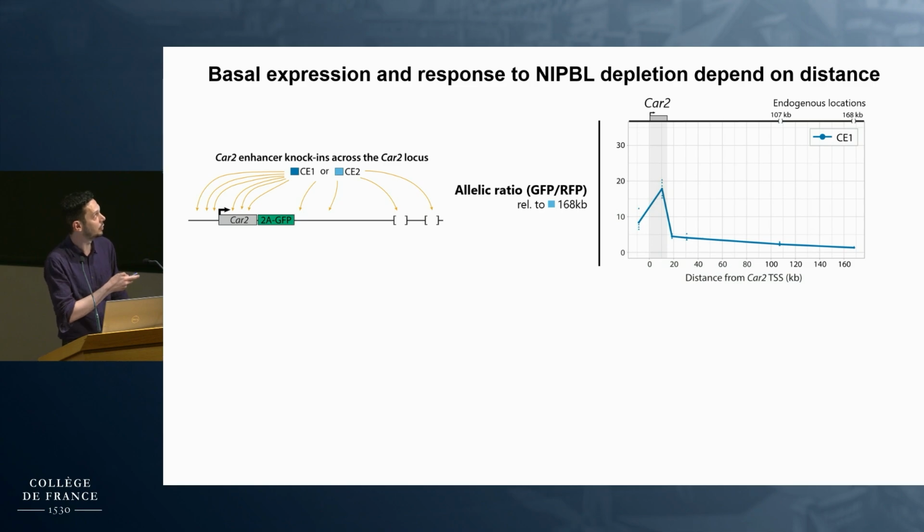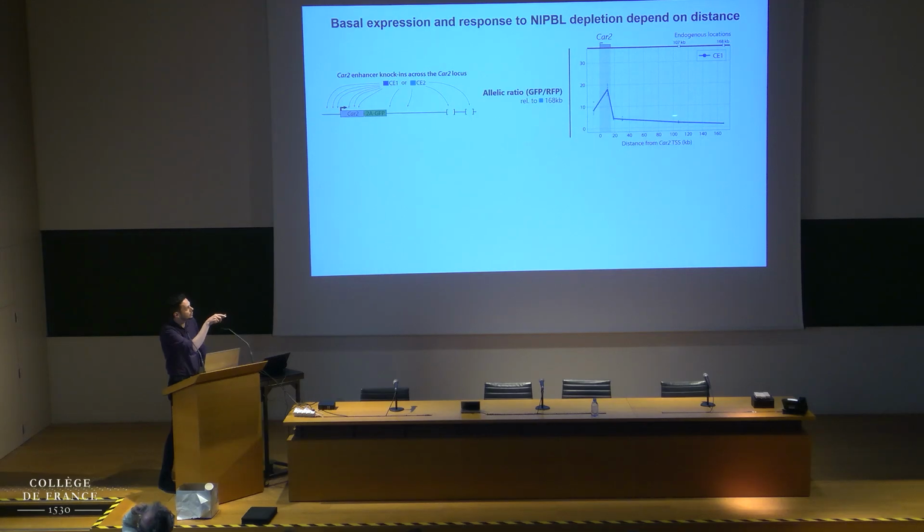So here I'm showing you the basal expression in cells that have normal DNA looping, after you reinsert the enhancer, either at its normal location or closer and closer and closer. So what you see already is at baseline, the closer you reinsert the enhancer, the higher the expression is.